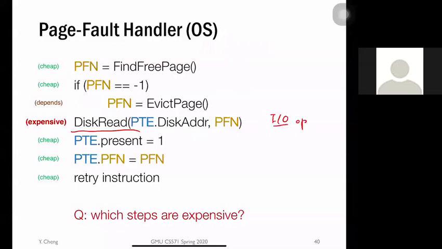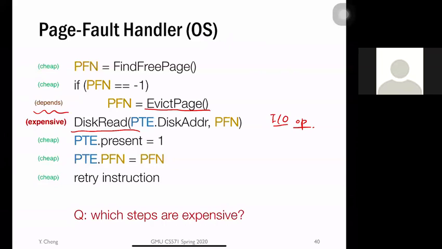Another step ahead of it is this evict page operation. Its expensiveness depends. Why does it depend? Because this evict page operation might incur IO or might not. So when does it incur an IO operation?